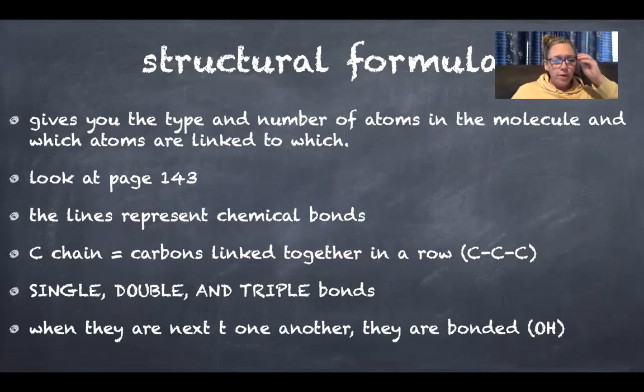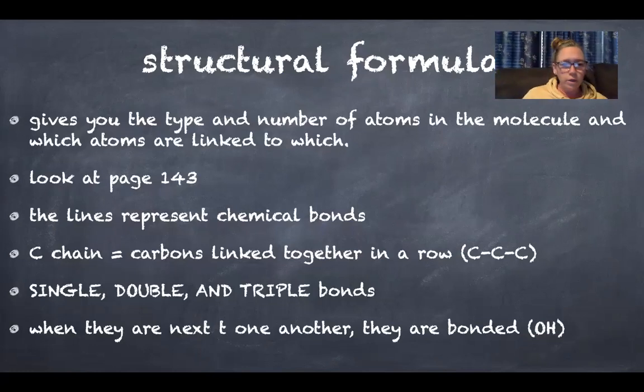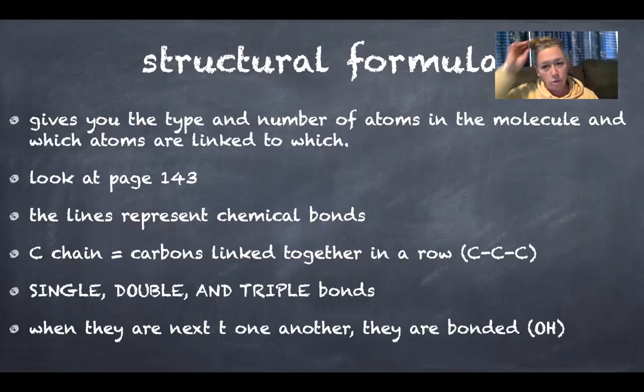Okay, so if you look at the top of that page, you can see the structural formula of glucose, and the lines between the letters represent chemical bonds. So that's fun, right? The carbon chain is in the middle there. Look at the top of page 143.